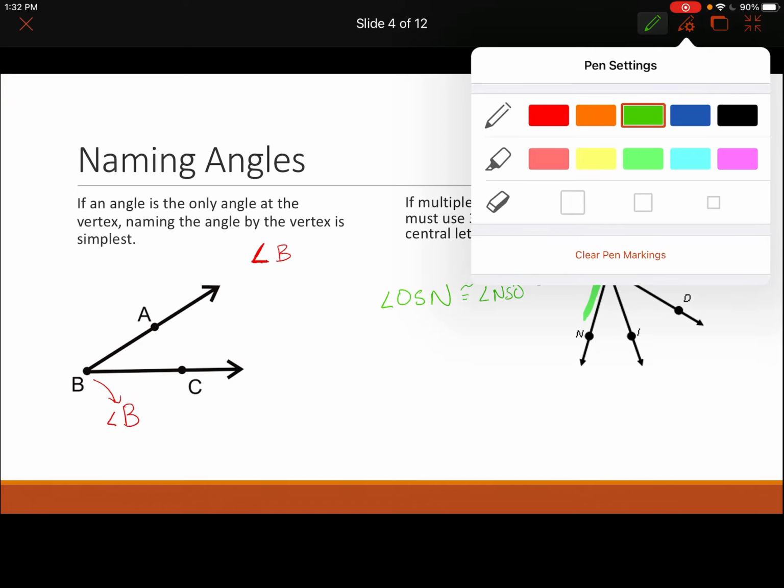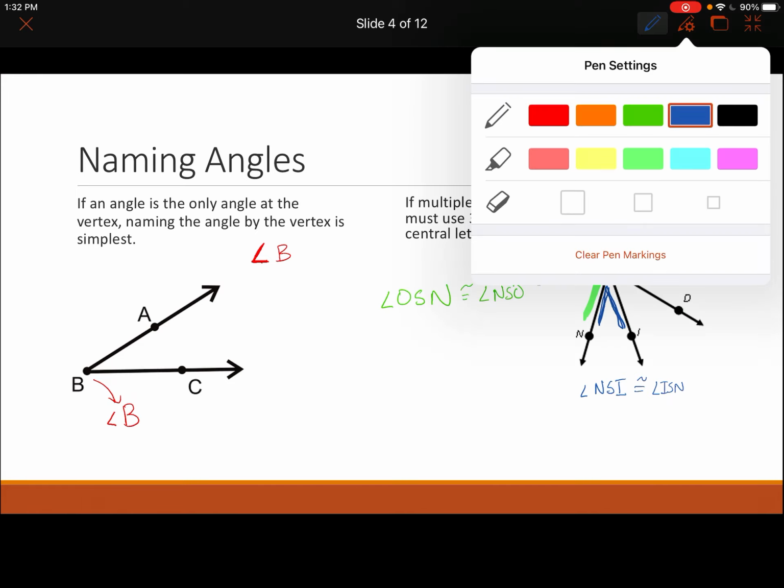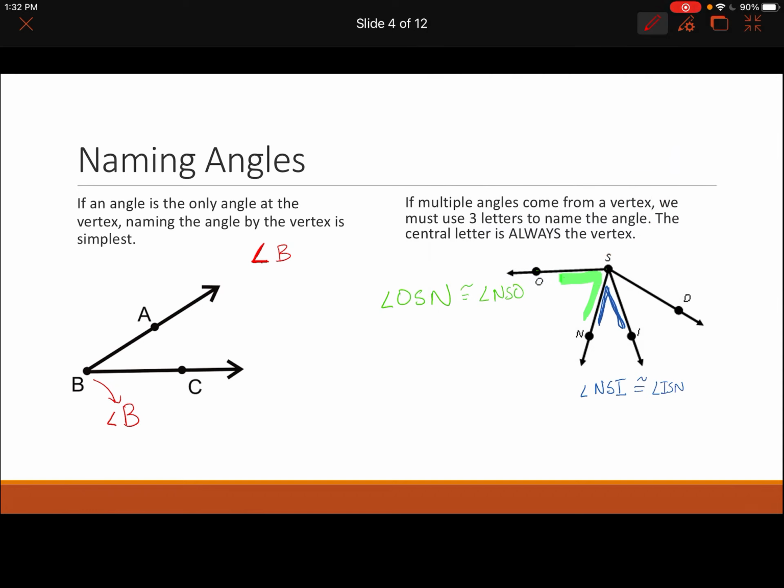And so then we have this other angle here, this space in here. We have angle NSI, and that angle is congruent to angle ISN. Those are the same. And then if we outline this angle here, we have angle ISD, or angle DSI.